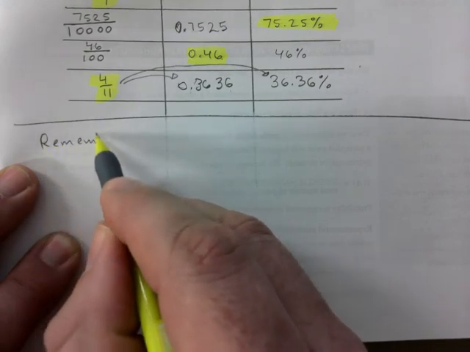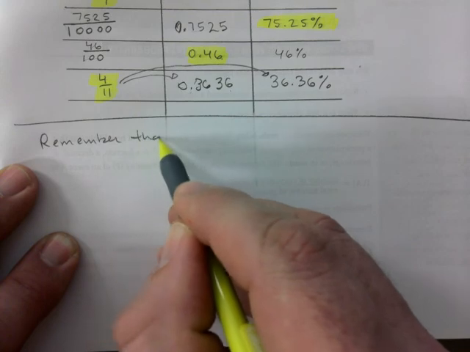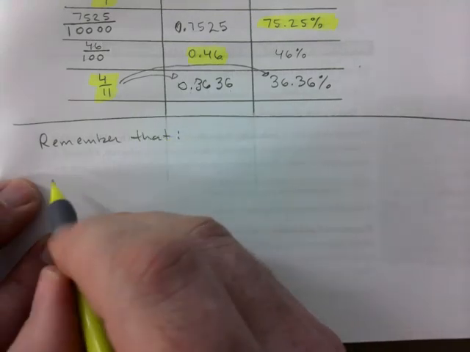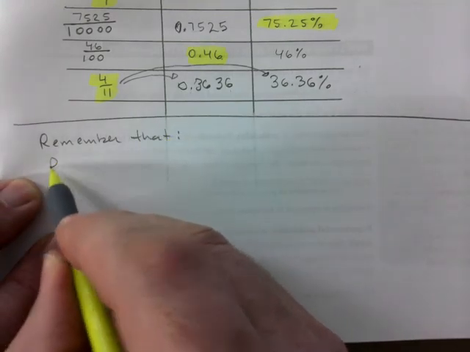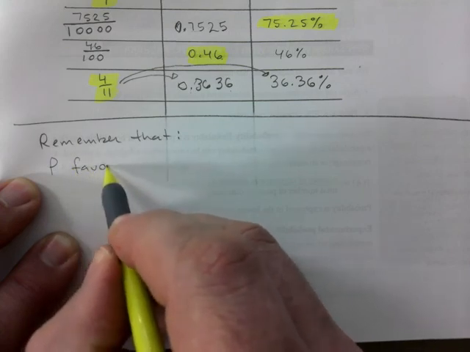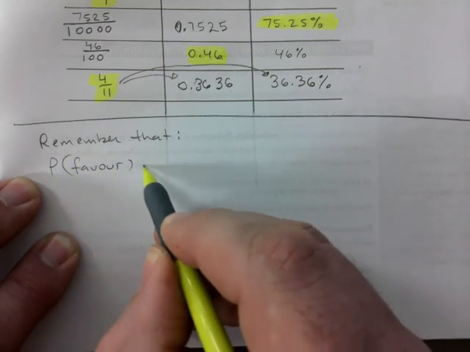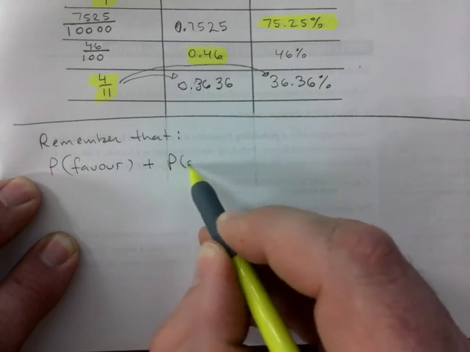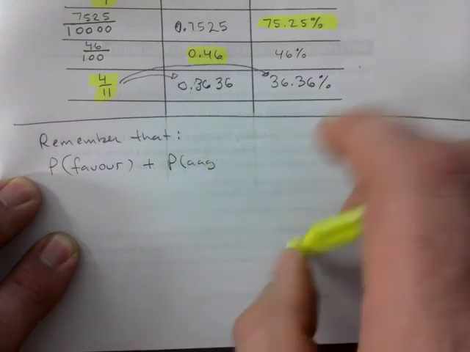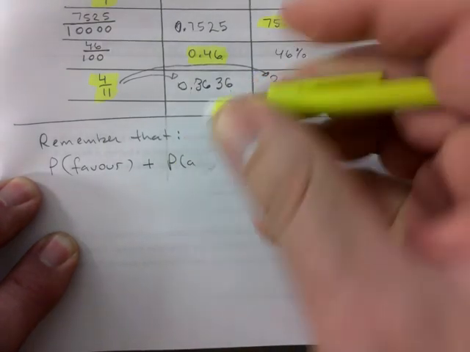Remember that the probability in favor of something happening and the probability against that happening, sorry, make sure to write this down, right?